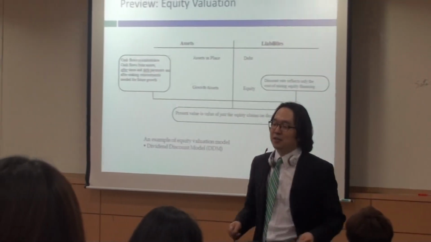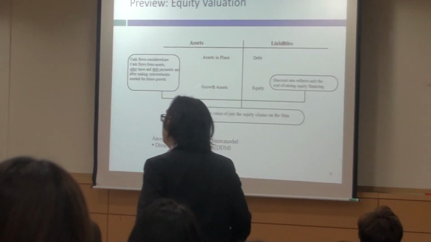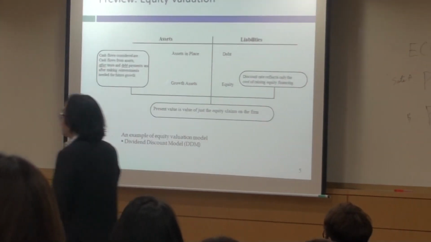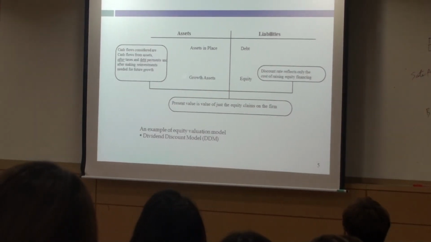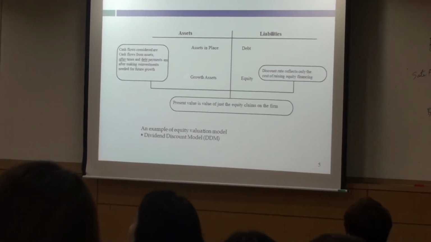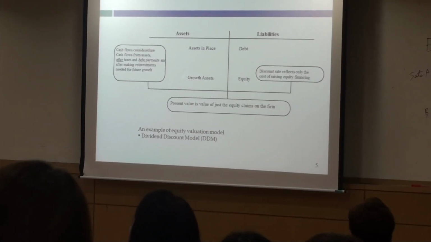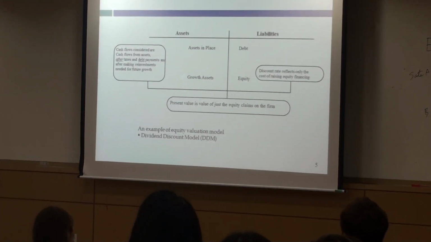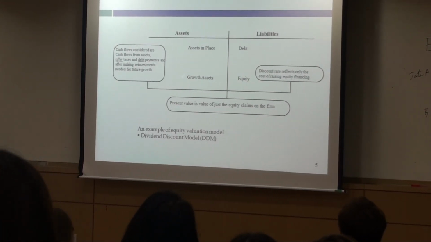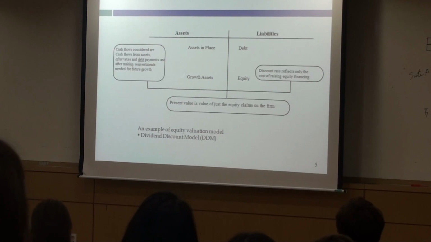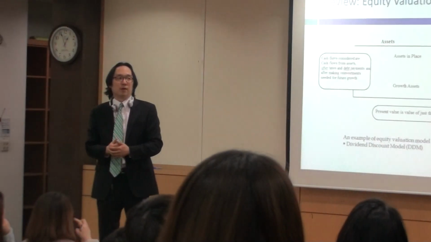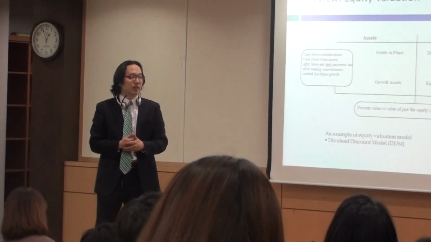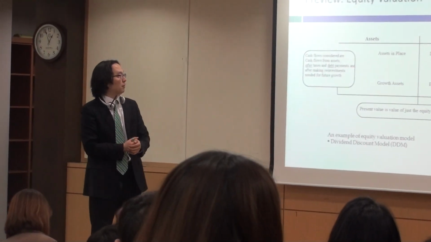Dividend is the longest history kind of cash flow to the equity holders, perhaps the most conservatively estimated. And then, once you project those cash flows to equity holders, discount them by the cost of equity. And then you get to the market value of equity directly.